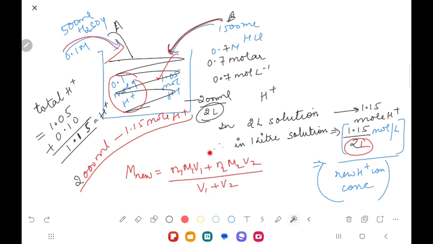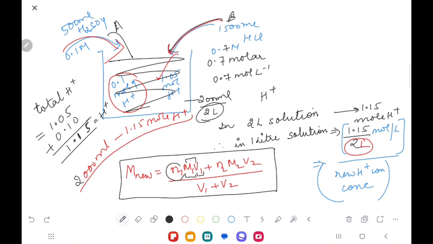So whatever I have done up till now, the formula is doing it very simply. All you have to do, just write down the molarity, write down the volume, multiply them, write down N, the number of H plus ions the first acid is giving you, and similarly for the other, divided with the total volume. That's what we are doing, we are dividing it with the total volume, isn't it, Shruti? Yes.